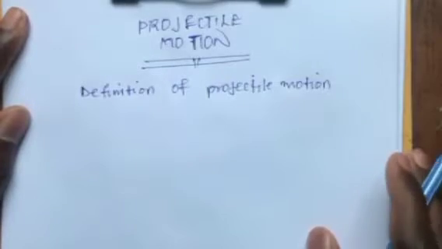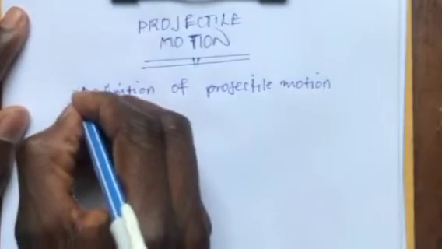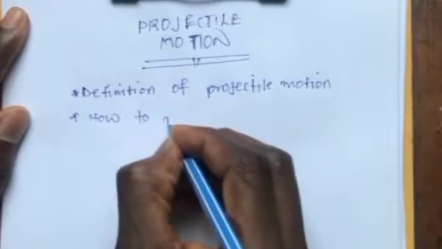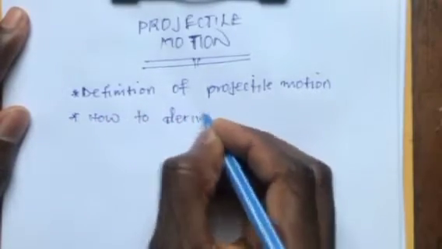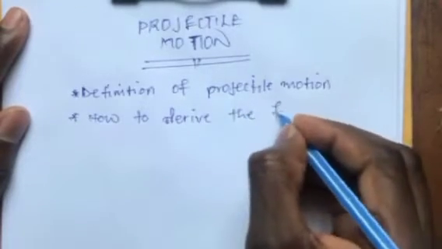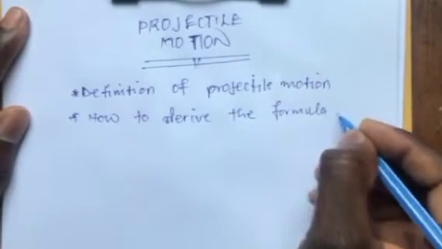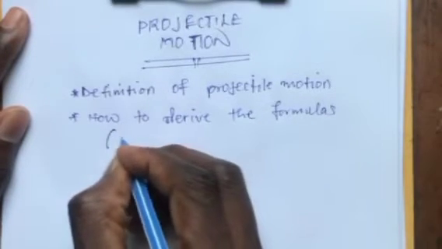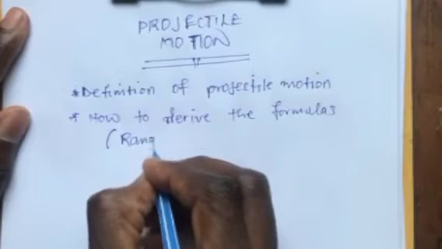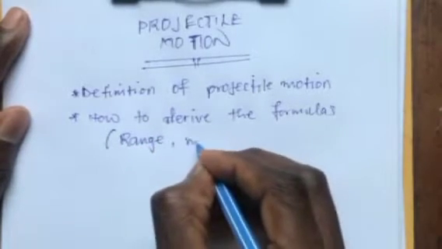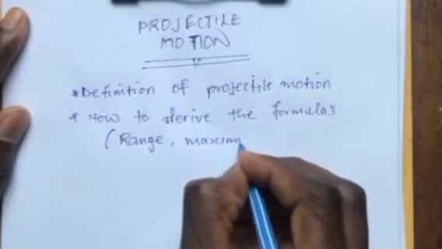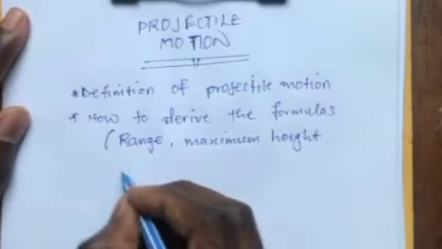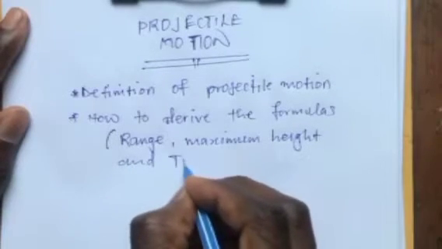Apart from the definition of projectile motion, you also have to understand how to derive the formulas. These formulas are categorized into three. We have the range, maximum height, and the time of flight.